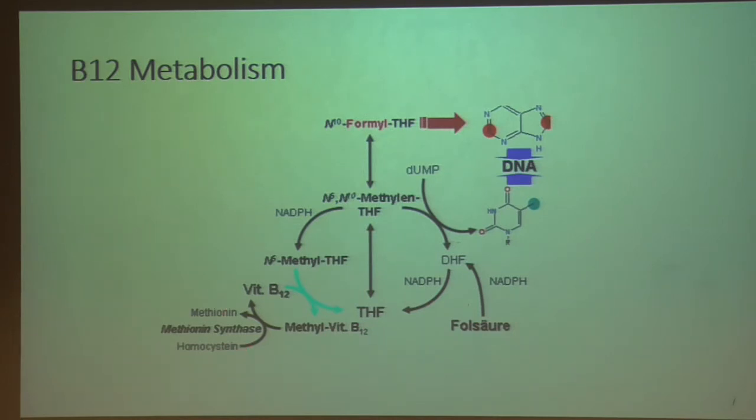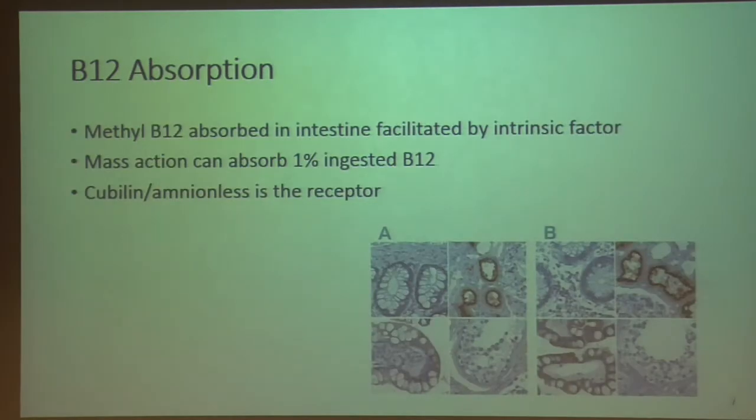And to jump ahead a little bit, the reason that's important, aside from taking tests your first year in medical school, is that if you're B12 deficient, you're going to have elevations in homocysteine and also in methylmalonic acid. That's foreshadowing the best way to assay for B12 deficiency.